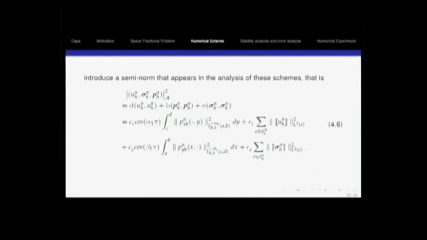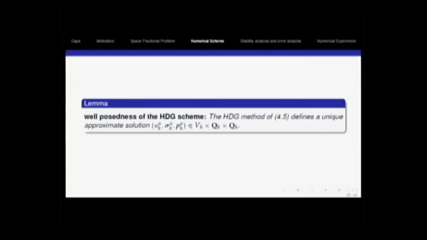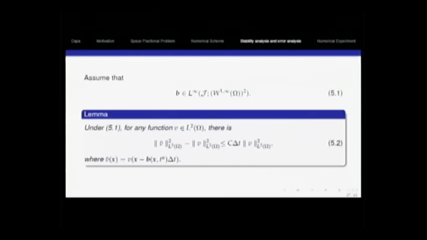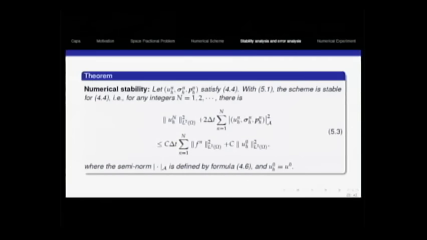So now we start on the stability. We introduce some norm for the stability analysis. By this, we can prove that this scheme is well defined. There is a unique solution. And also, with this condition, which Frank says is a very strong condition, we can prove some estimate for time, and then we can get numerical stability.